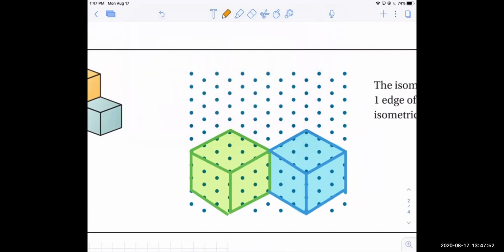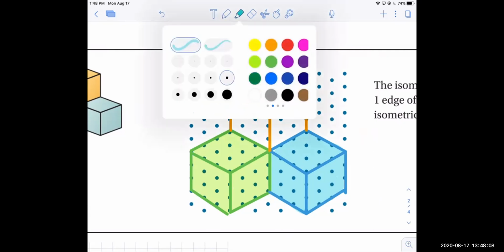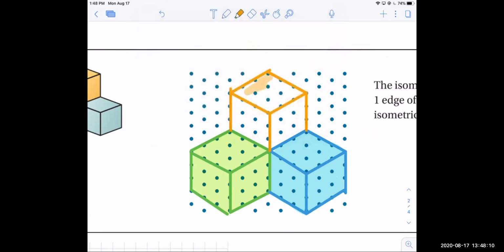There. You go straight up three. Go back three. And there's our isometric dot.